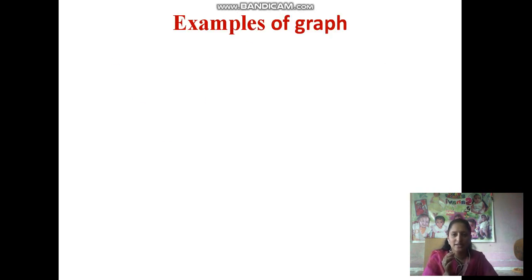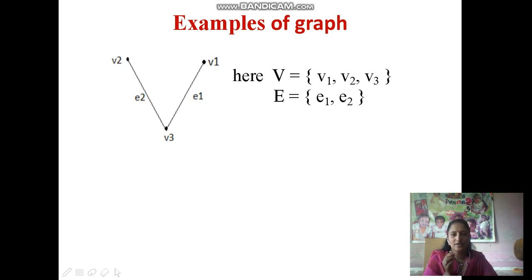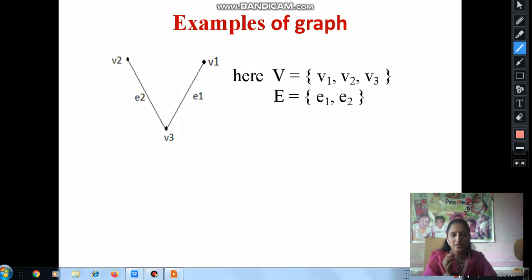We see one example of graph. Here the graph contains vertices V1, V2 and V3, and E1 and E2 are the edges of that graph. V is the set of vertices which contains V1, V2, V3, and E is the set of edges which contains the edges E1 and E2.